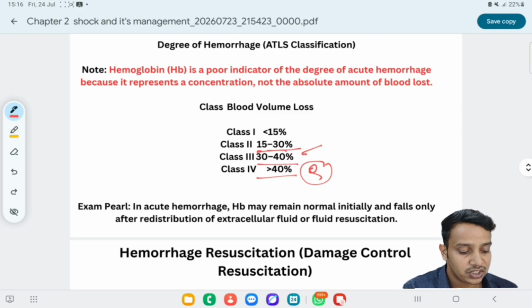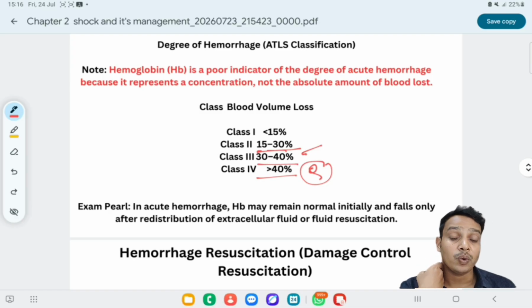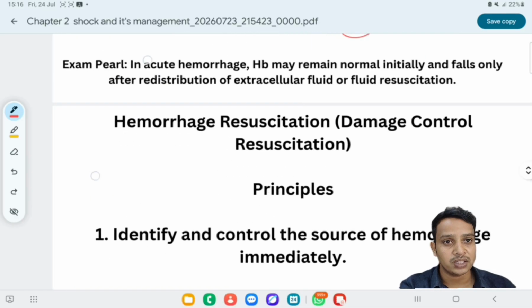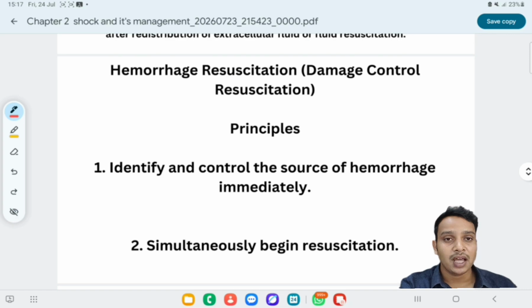In hemorrhagic resuscitation, there is a term called damage control resuscitation. What are the principles of damage control resuscitation? First is to identify and control the source of hemorrhage immediately. Without controlling the source of hemorrhage, do not go for aggressive resuscitation. Suppose the patient has peripheral external injuries or a crush injury, bleeding from the femoral artery or popliteal artery, first go and tie the vessel, and only after that go for resuscitation.